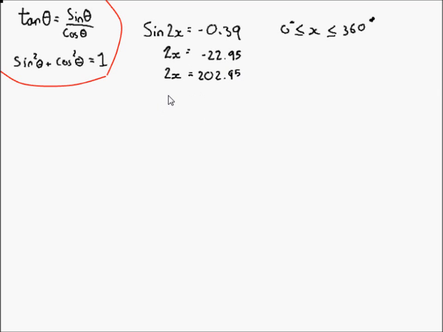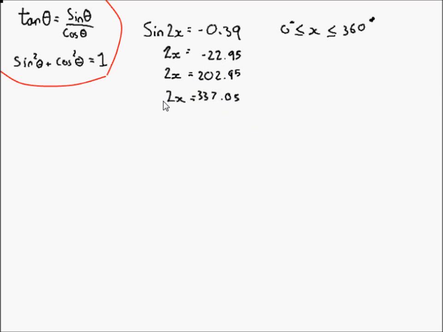It's in the region. 2x is also equal to minus 22.95 plus 360, which equals 337.05. Also in the region. And these are your two answers.